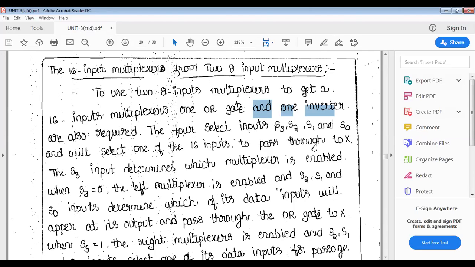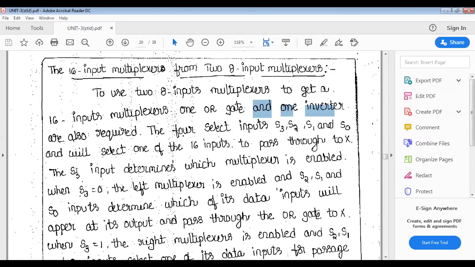I'm taking the 4 select inputs as S0, S1, S2 and S3, and we'll select one of the 16 inputs to pass through to the X value. The S3 input determines which multiplexer is enabled.